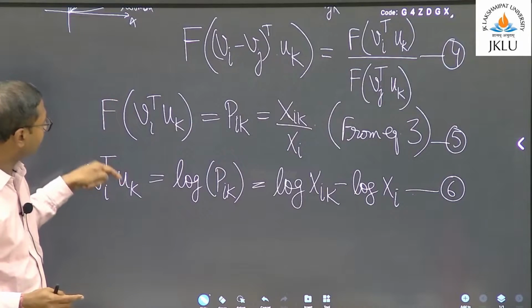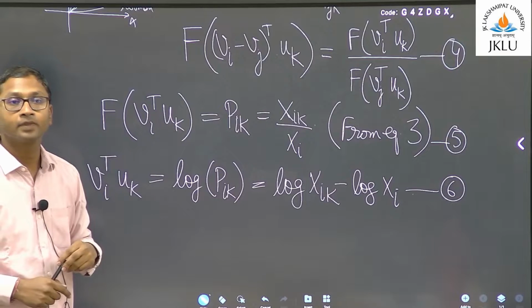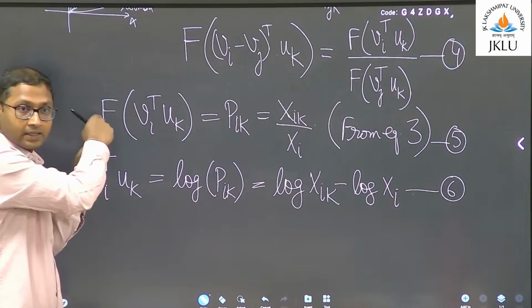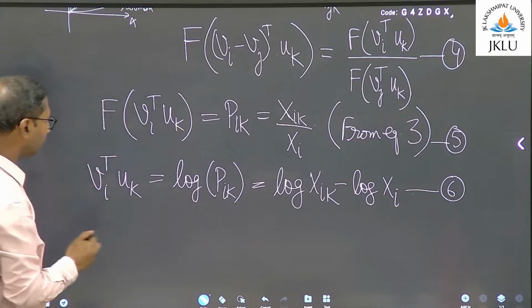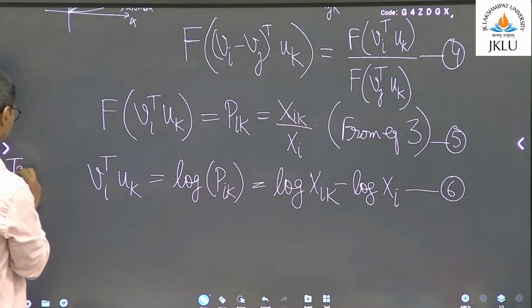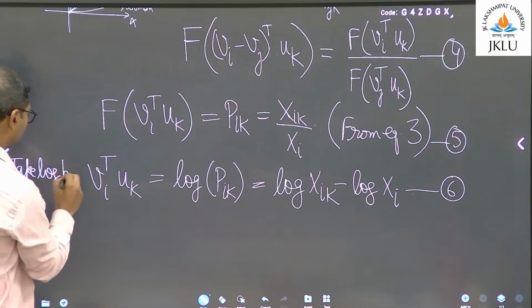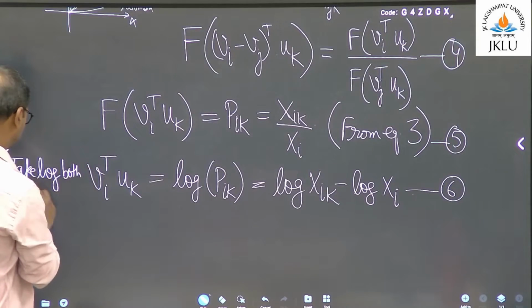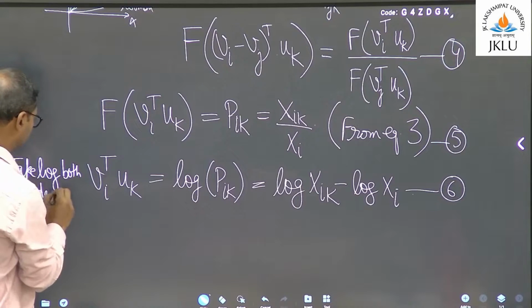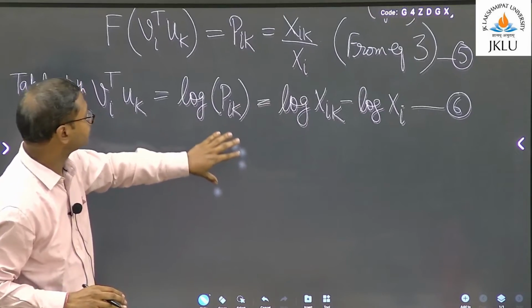Now, all we are doing here was, we said F is e to the power this, so just apply log, maybe take log both sides, and you get this one. So, this is fine. Okay.